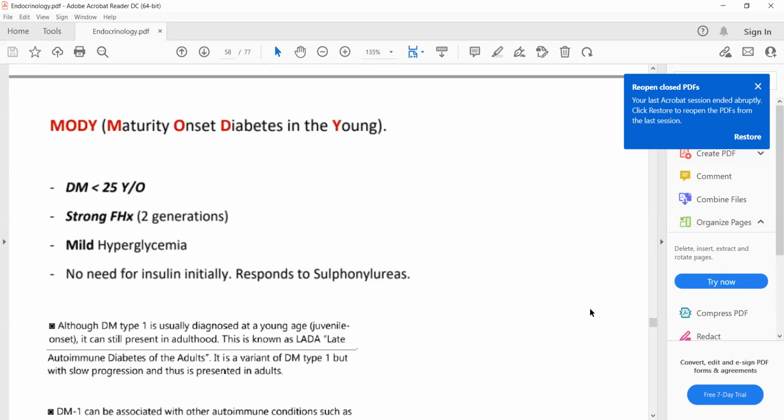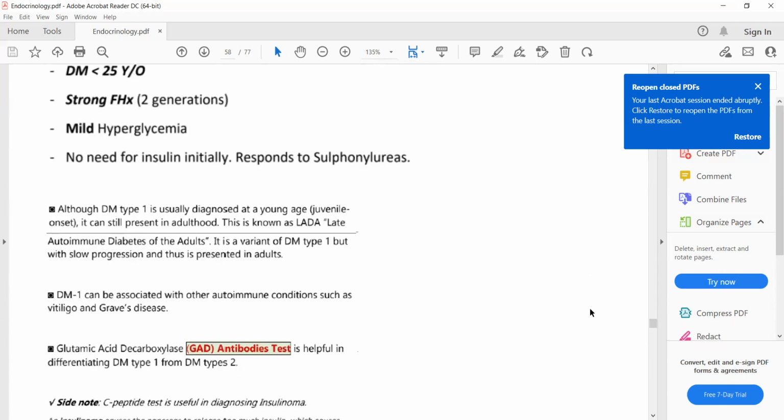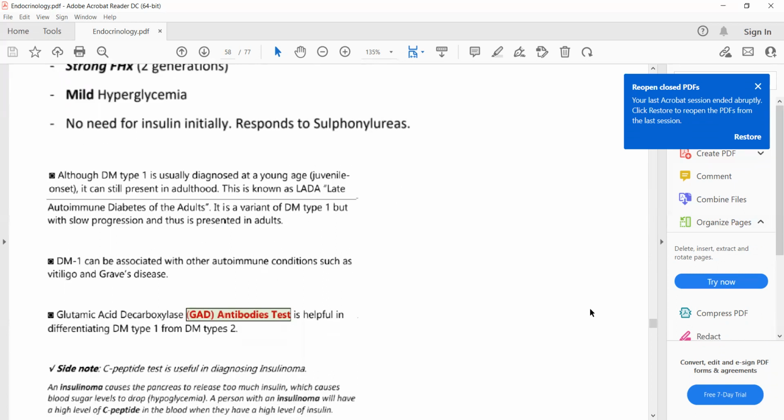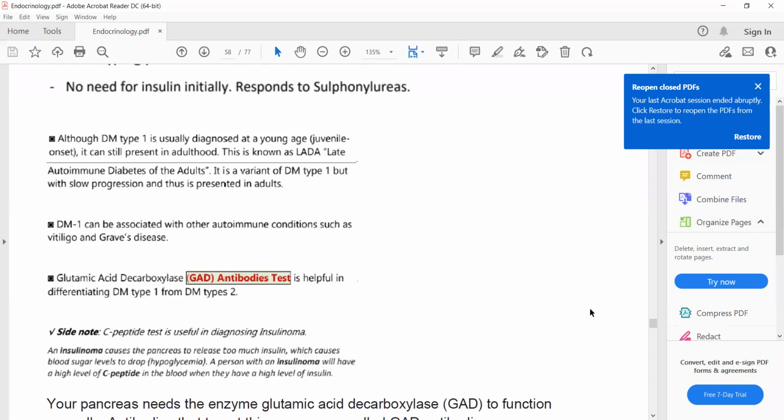How can we differentiate between type 1 and type 2 diabetes mellitus? There is a test that is called GAD antibodies test. So if a young patient presents to you and his GAD test is positive, GAD is basically glutamic acid decarboxylase.